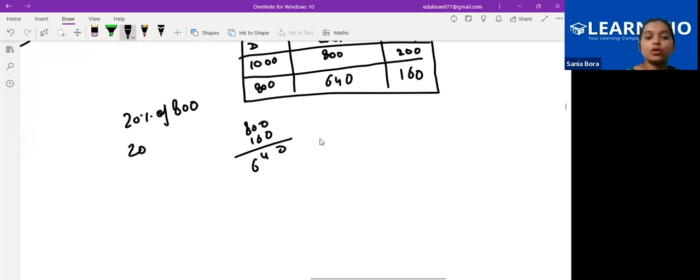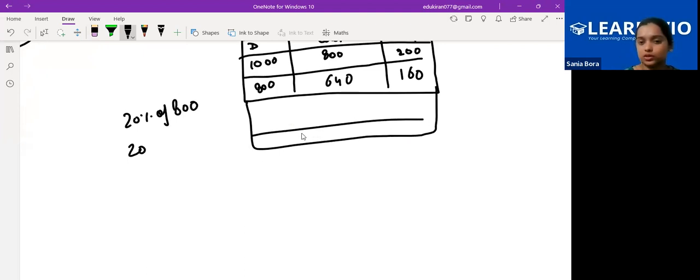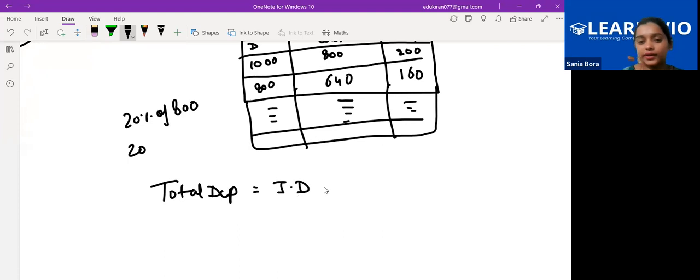Of course, you have to find all the rounds, but in total, how much money did they basically create? You need to find the total deposit. All the rounds would be like this only. For the total deposit, the formula is: total deposit equals ID, the initial deposit, multiplied by the money multiplier.